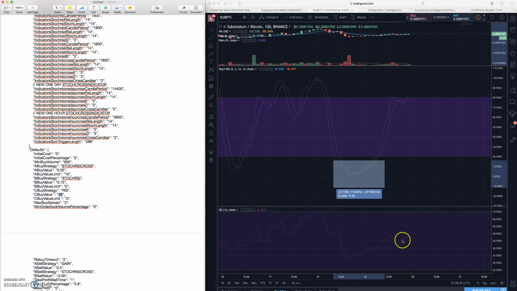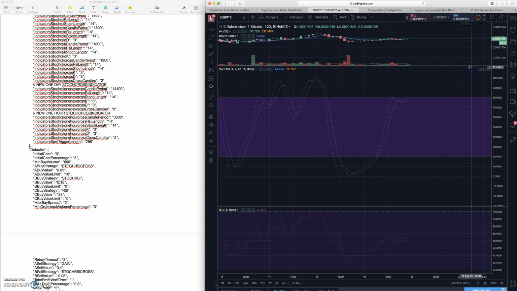So just be aware and incrementally increase that to help yourself in case you get into a bad situation. Same goes for the stochastic RSI, you can increase this a little bit if you wanted to, but just be aware that they're safety nets, and that's kind of why they may seem a little too conservative.